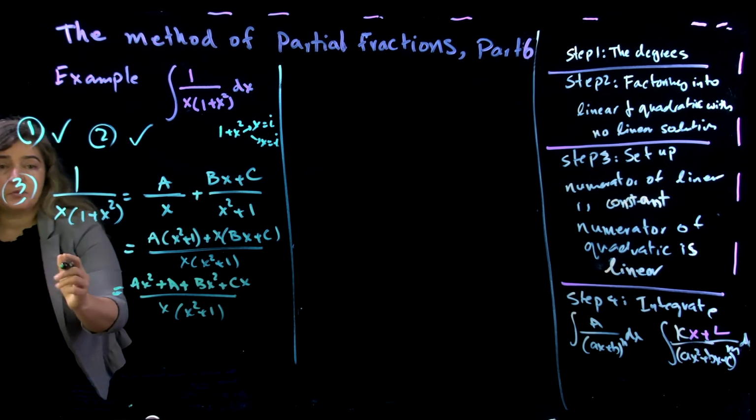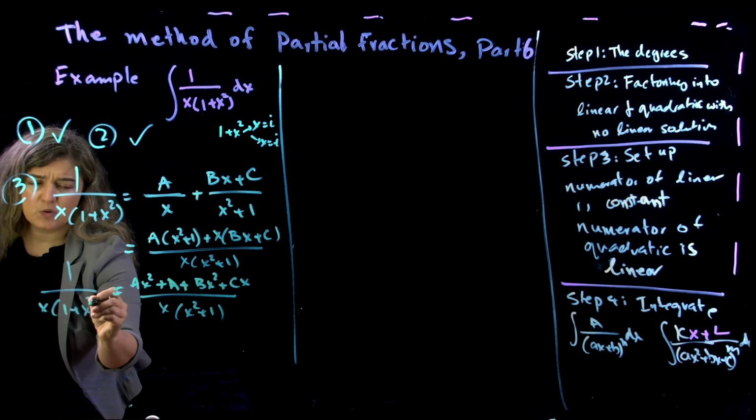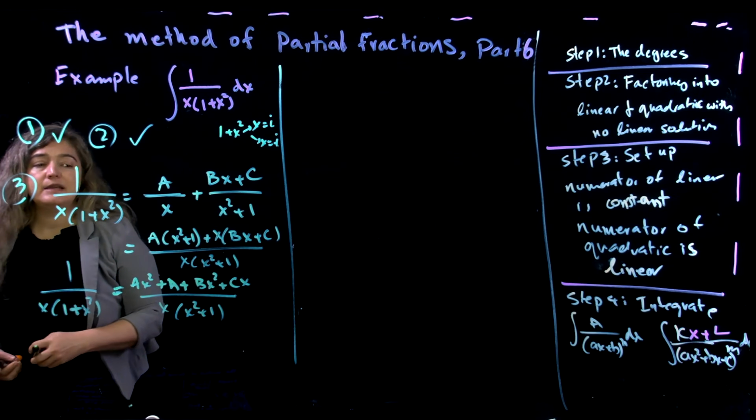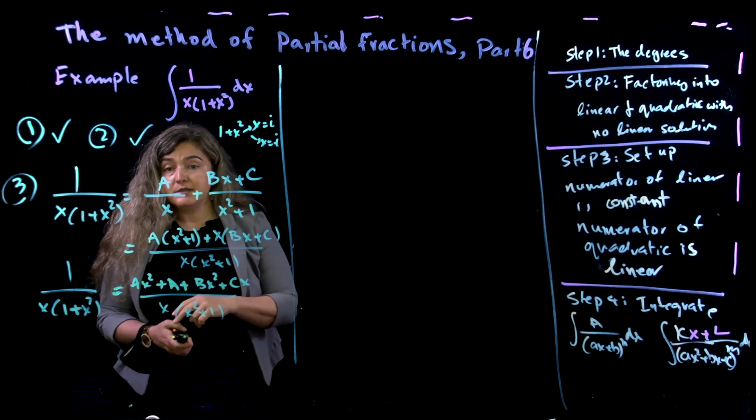Now, this is supposed to be equal to the quotient function, and therefore the denominators are the same, so I have to set the numerators the same.